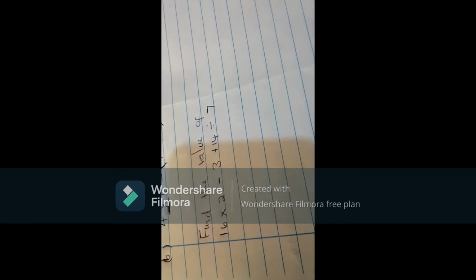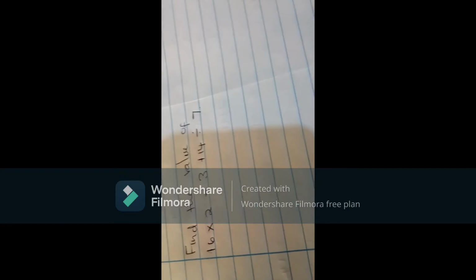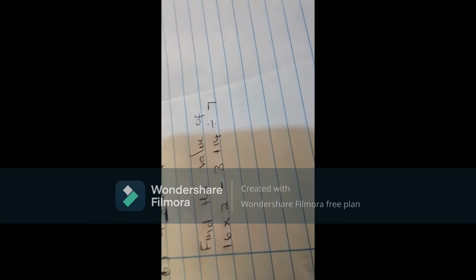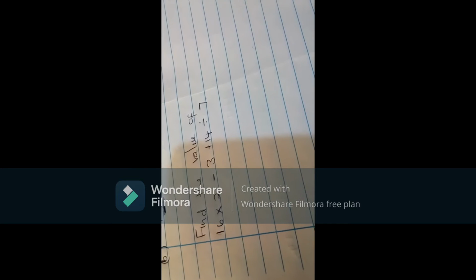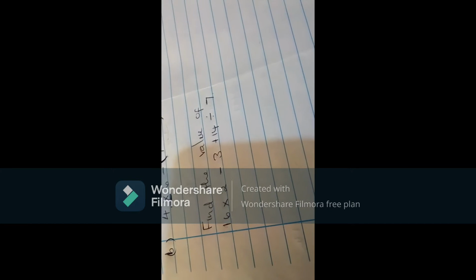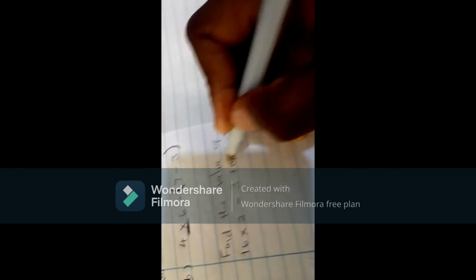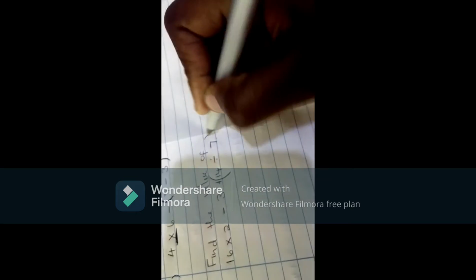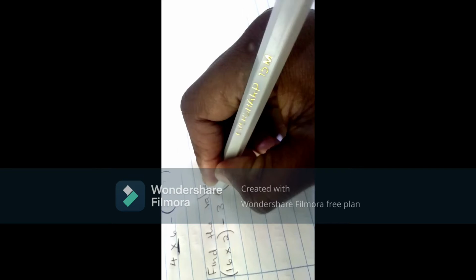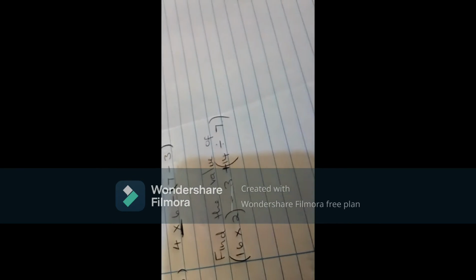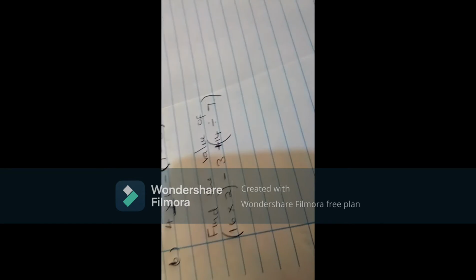In this case, where you are not given brackets, I personally would say introduce your own brackets and deal with your sums. So I would put brackets here and here, and then leave this other part outside. Meaning I have to solve that which is in the brackets first.